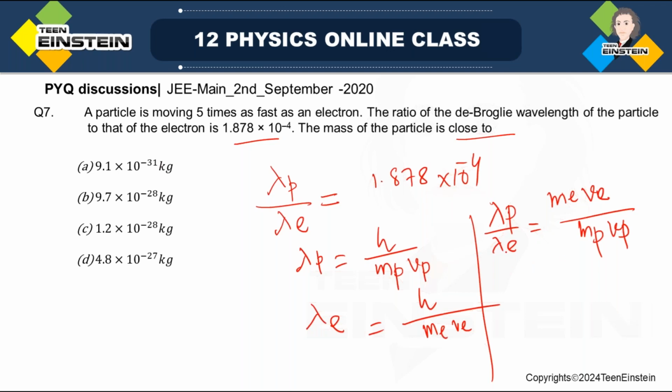Okay, so this factor you know already. So the mass of the particle.